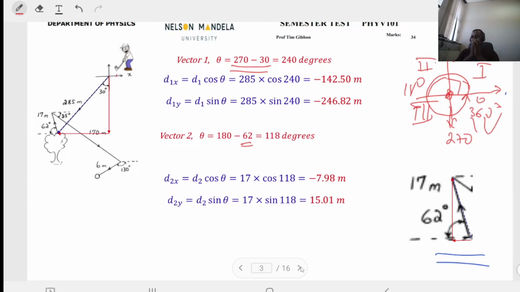It's in the third quadrant. In the third quadrant, is sine positive or negative? Is cosine positive or negative? If you know all those, instead of 240 you could have used angle 30 here also, but make sure that you know where you are.